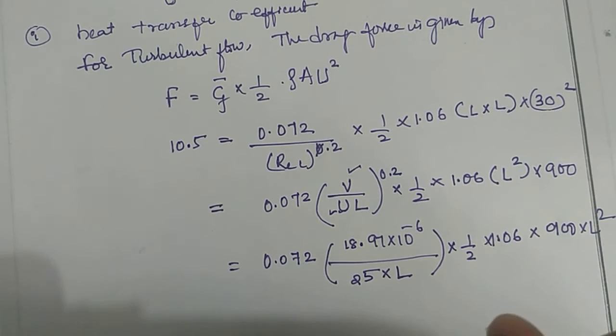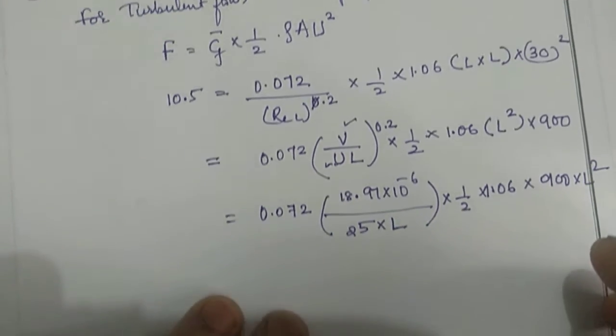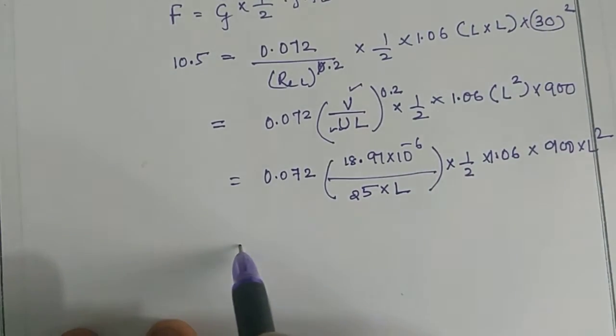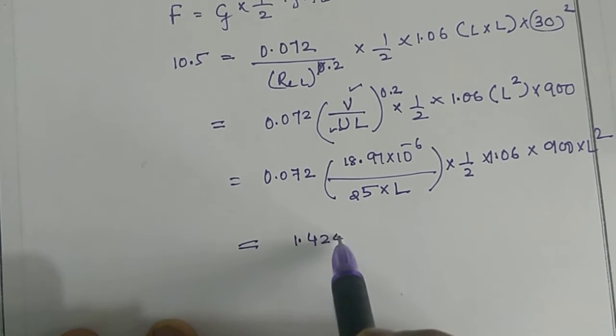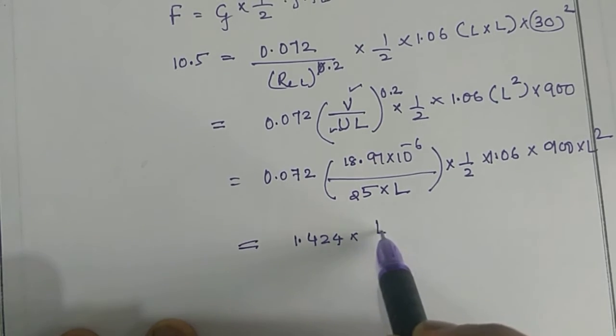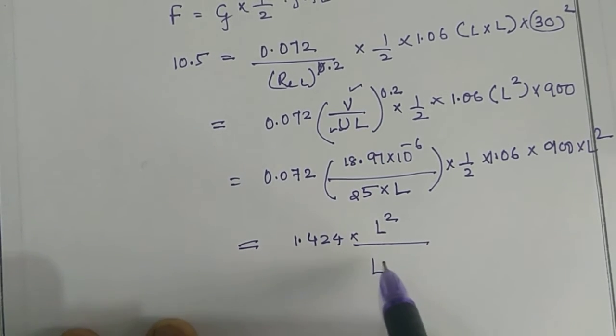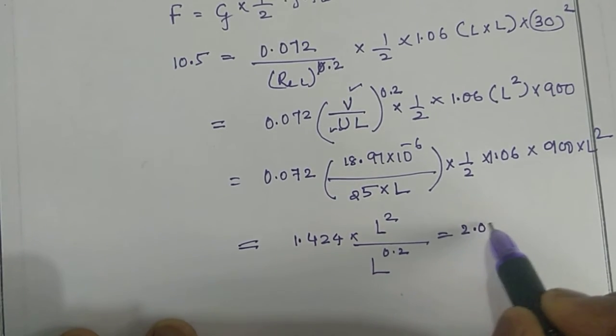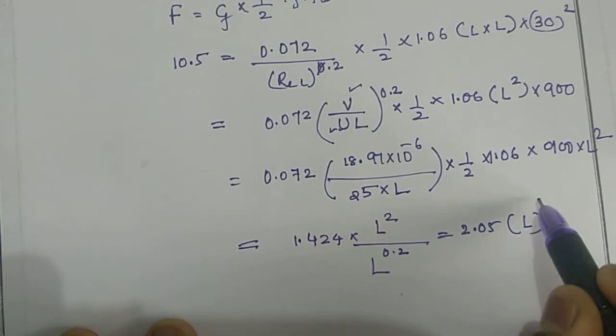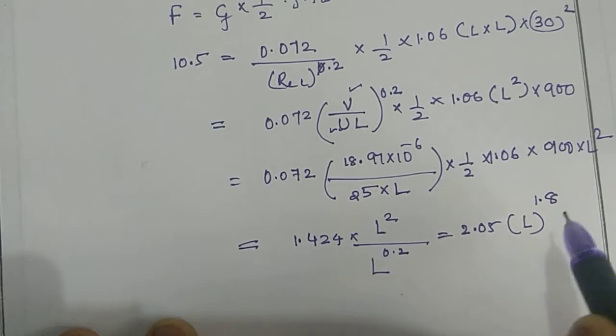Simplifying further, the equation becomes 1.424 into L square divided by L to the power of 0.2 is equal to 2.05 L to the power of 1.8.